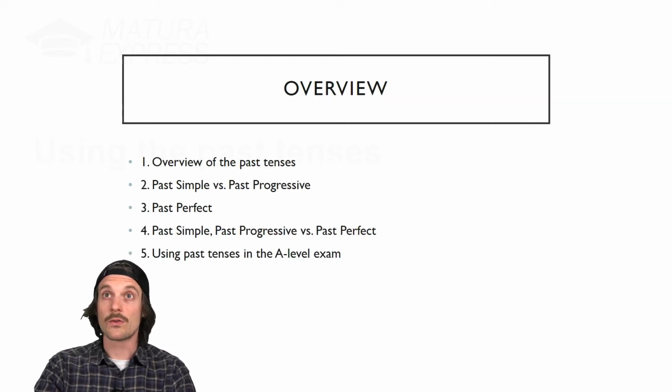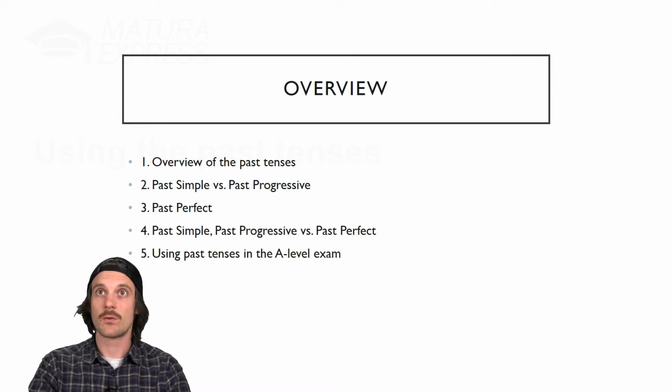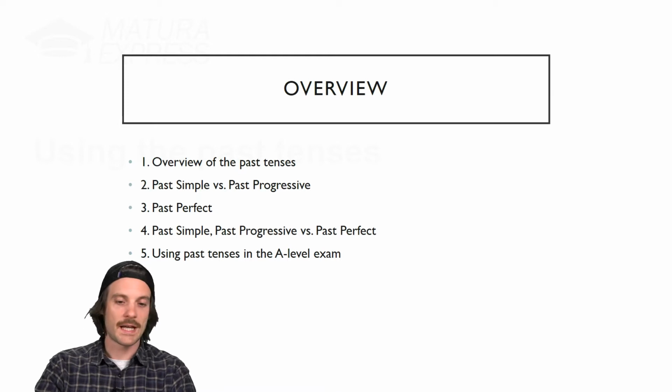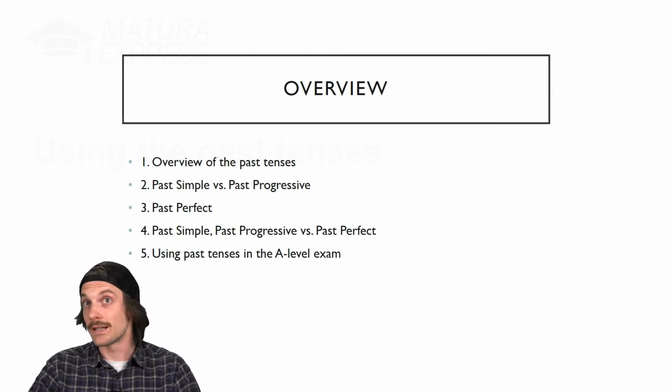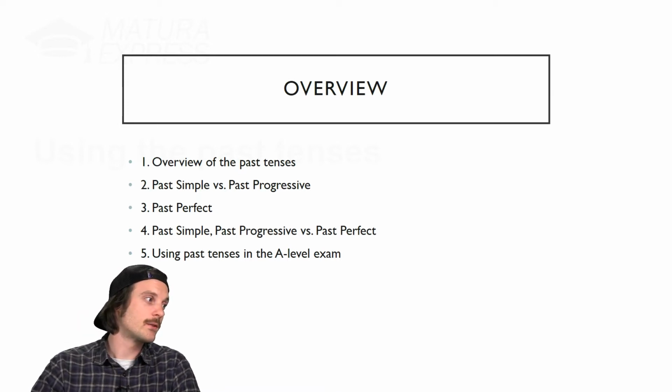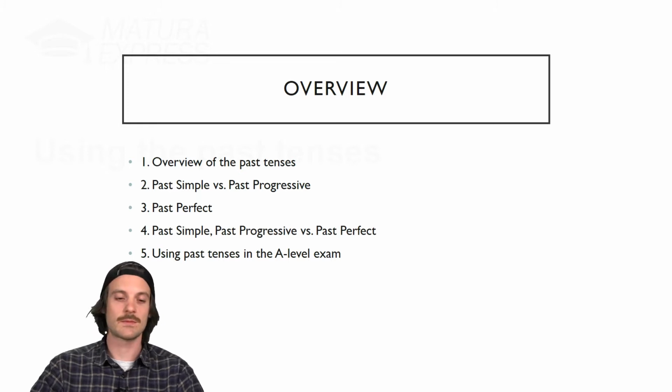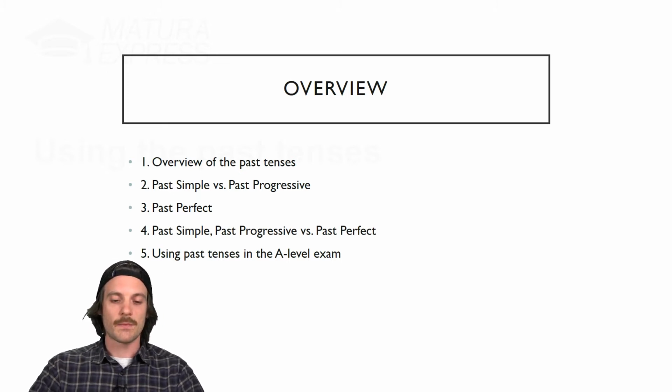We also will have a look at past simple versus past progressive, or past continuous, or past inform sometimes. It's all the same basically. Then we're gonna look at the past perfect.